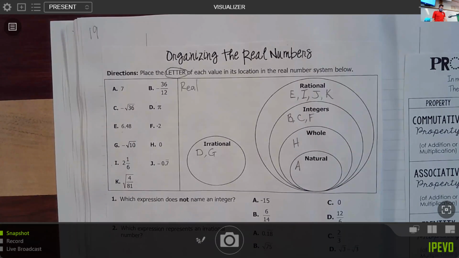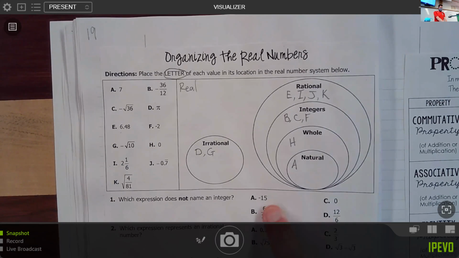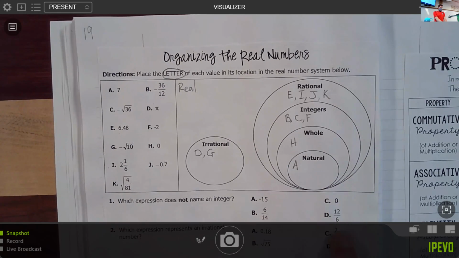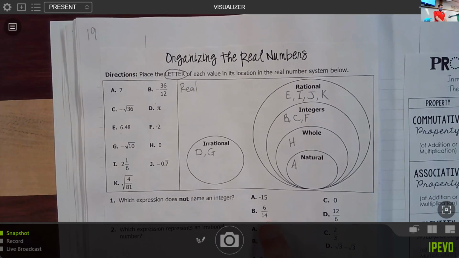Okay. Which one is not an integer? Negative 15, that's a negative whole number. So yeah, C is a whole number, 0. D, 12 divided by 6 is what? 2, which is a whole number. What about B? Is that a whole number? Positive or negative? Nope, that's a fraction, so B.